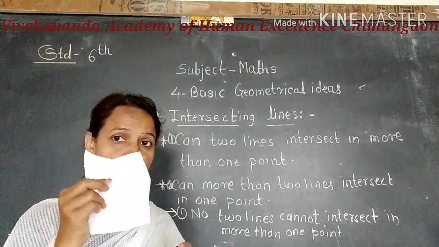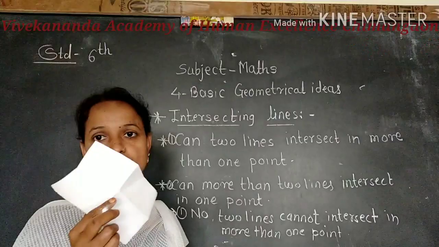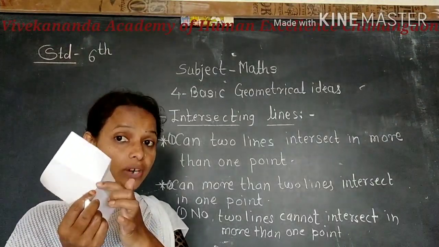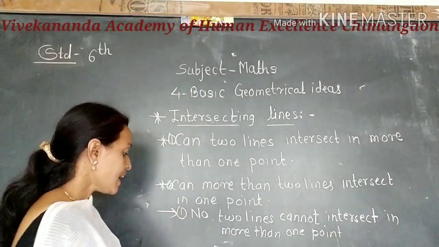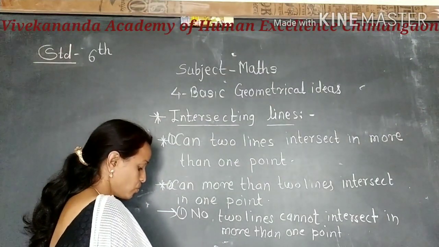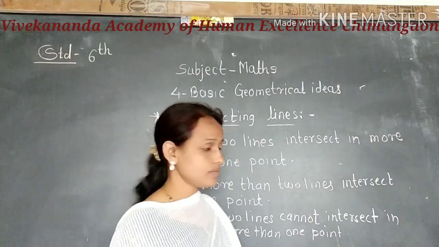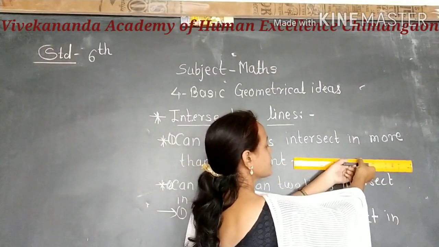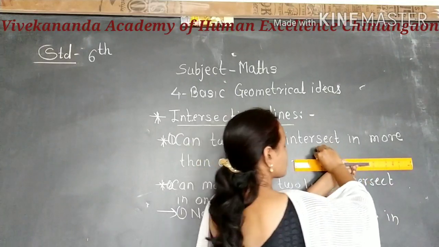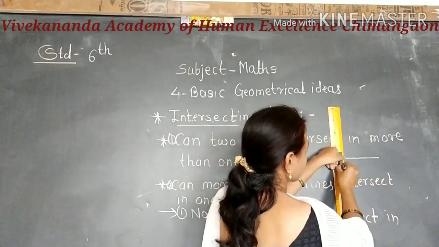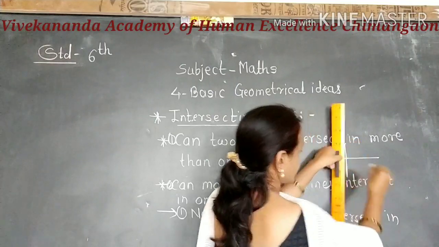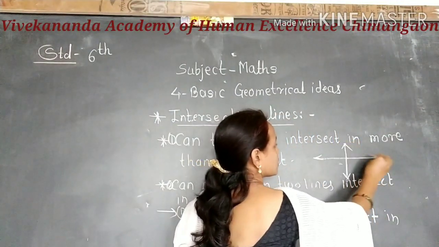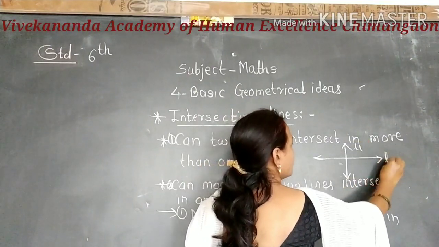Listen again. Here I have shown by folding, making two folds of this paper. From this you also understand we get only one intersecting point. Here I can show you a figure. See, I will draw two intersecting lines, L1 and L2.